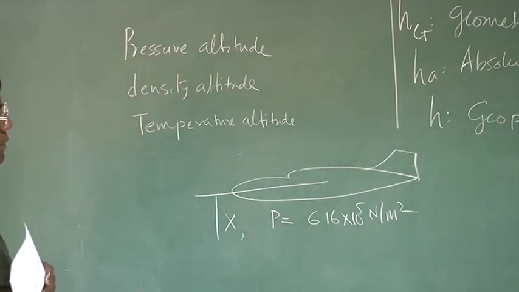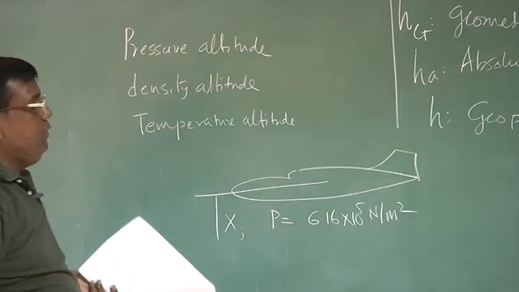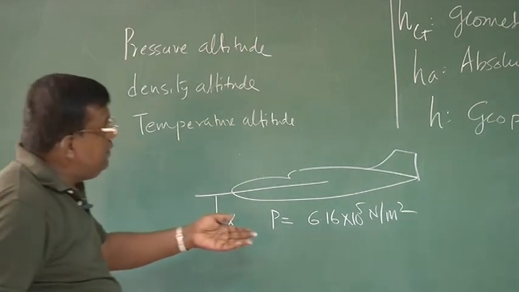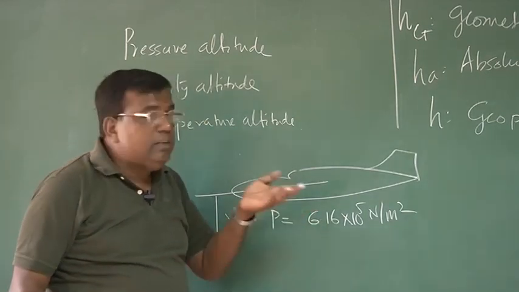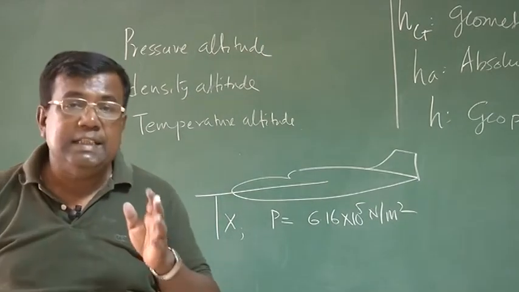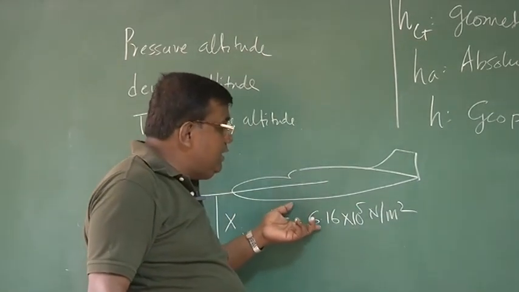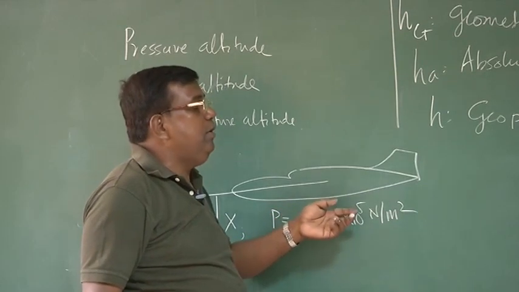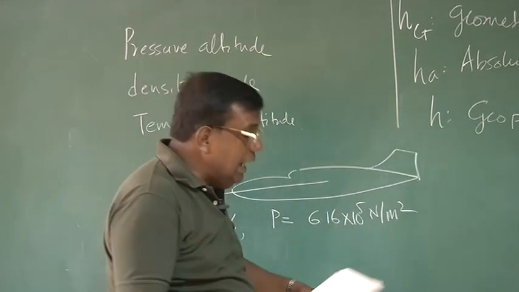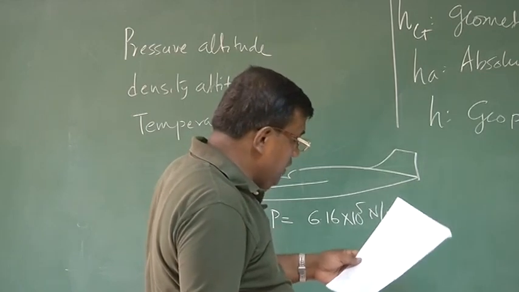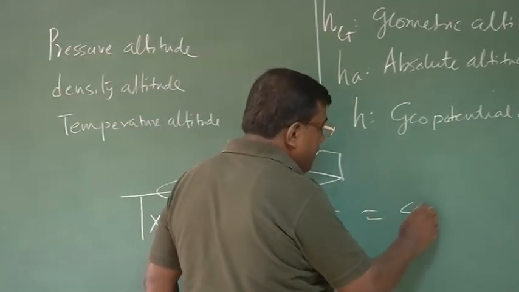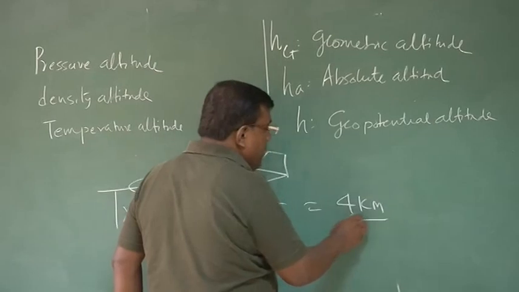Now what is the pressure altitude? Pressure altitude is, you go back to the standard atmosphere and see what is that altitude at which the pressure is 6.16 x 10^5 Newton per meter square. That becomes the pressure altitude, and that you will find is roughly equal to 4 kilometers.